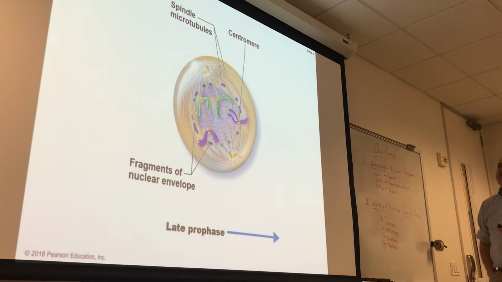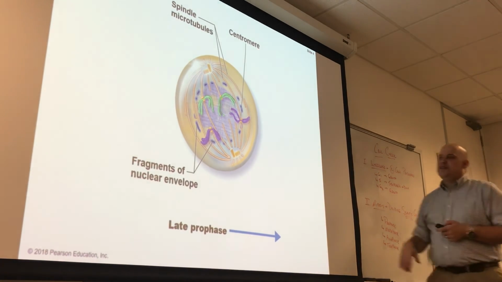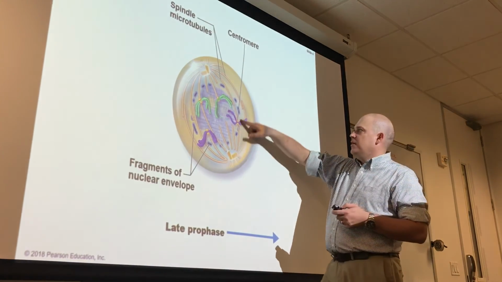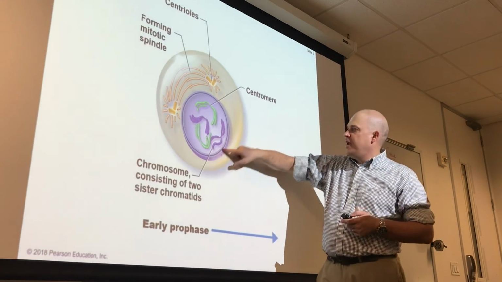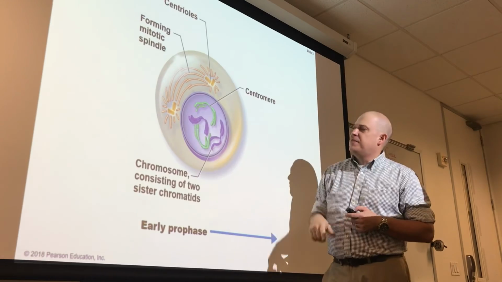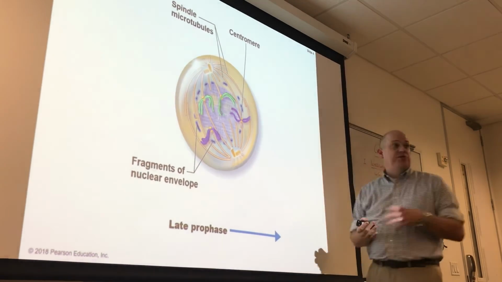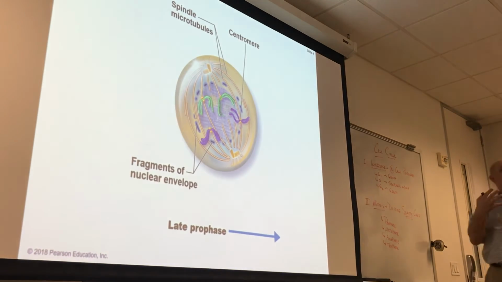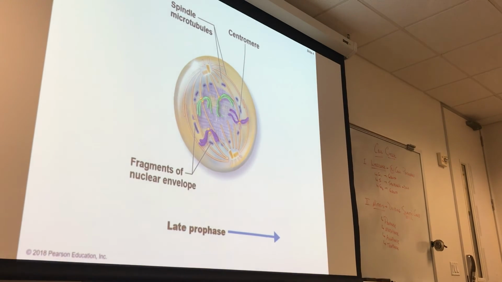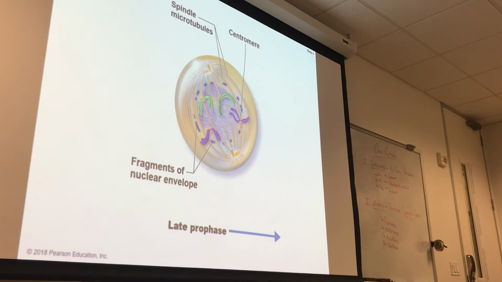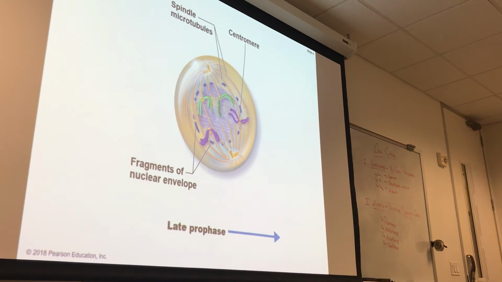And the third thing we're going to see in prophase is the dissolving of the nuclear envelope. Here we have a nuclear envelope, but at the very end of prophase, that nuclear envelope will disappear, which is important because that nuclear envelope is containing the chromosomes. We want those chromosomes to be floating in the cell so that we can do something with them.